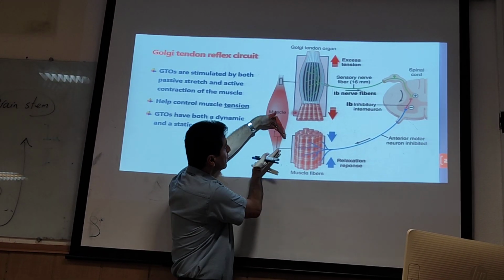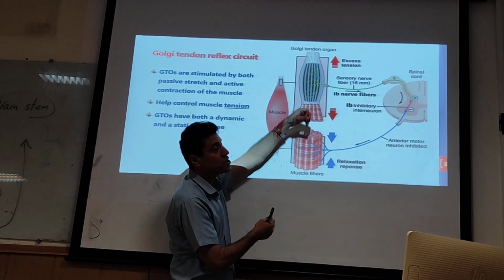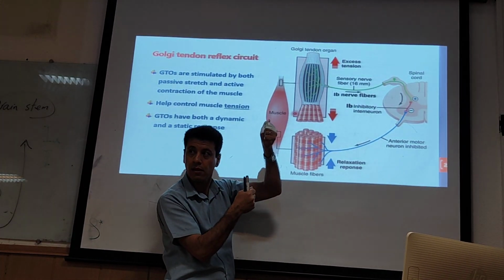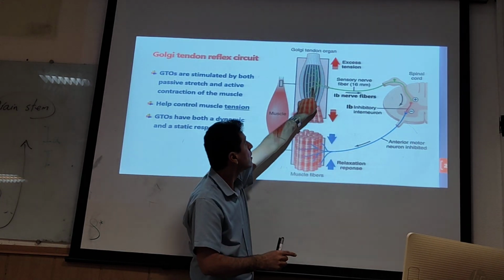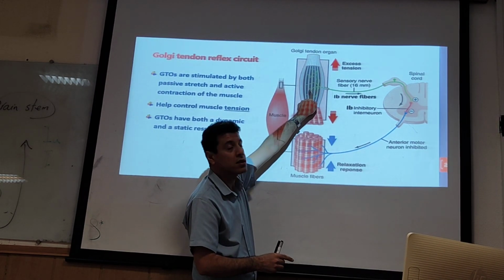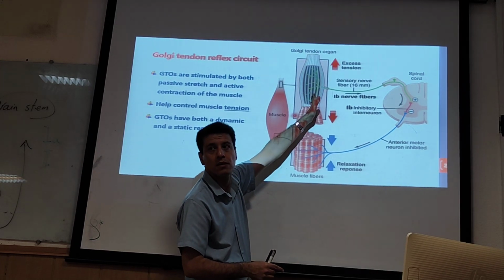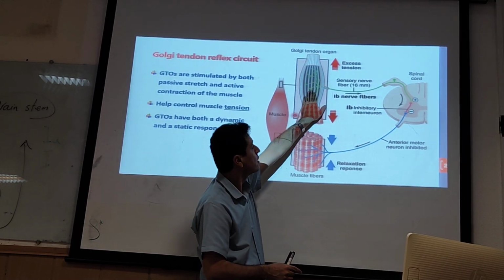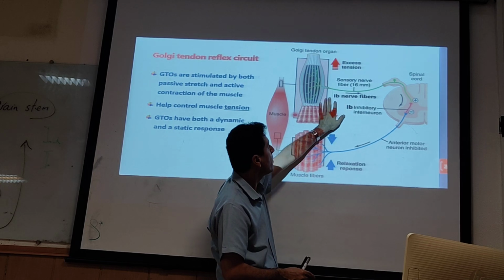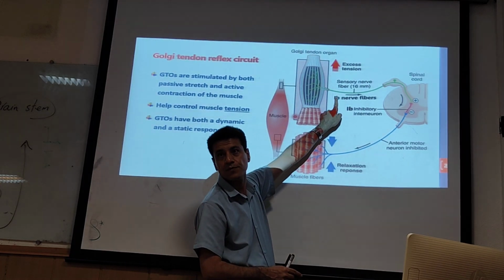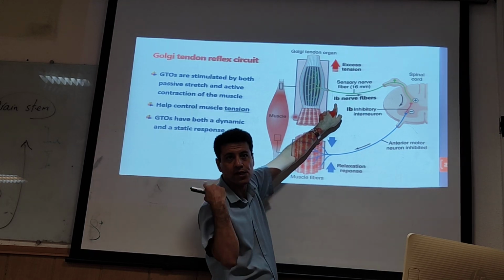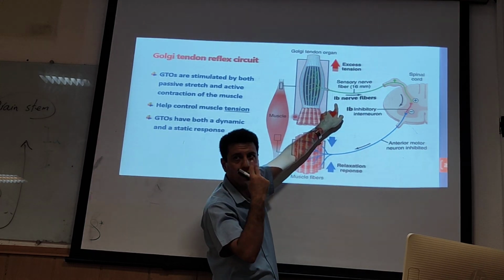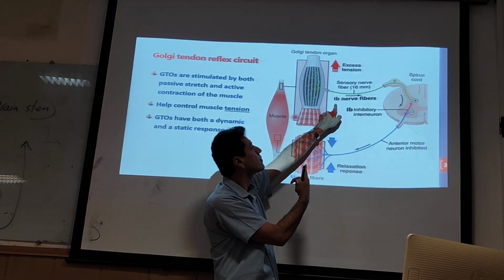So when the muscle contracts, collagen fibers are tensed and put pressure onto these nerves. It's activated, and an action potential goes along the fiber. Which fiber? Ib. 1A and 2 are involved in the stretch reflex, 1B is involved in the Golgi tendon reflex.